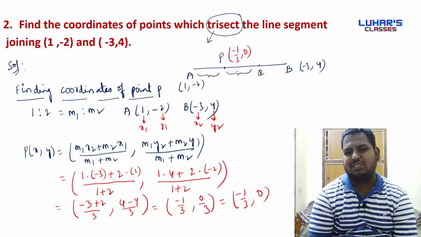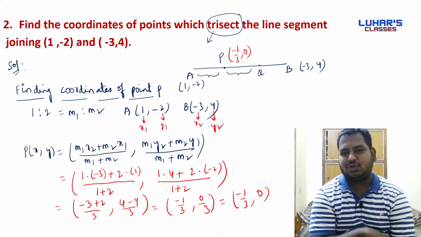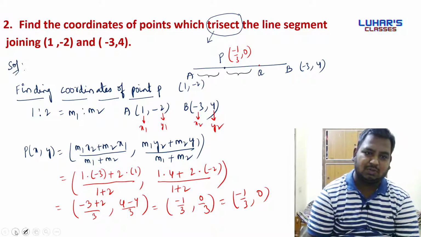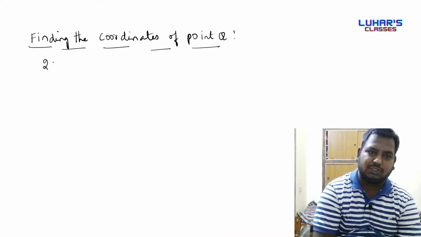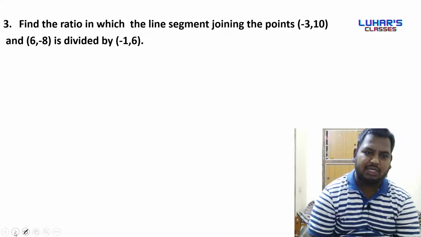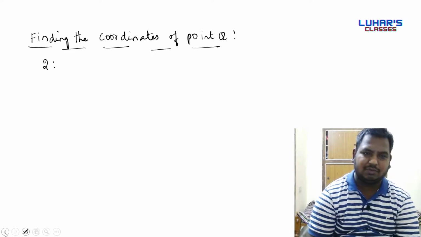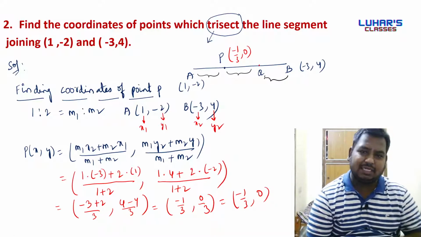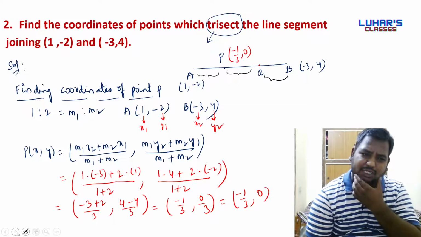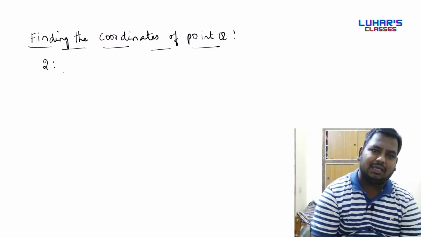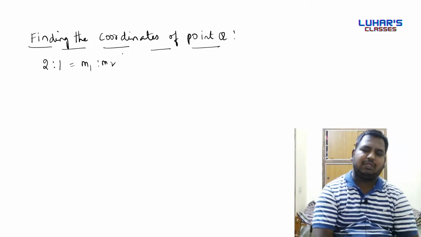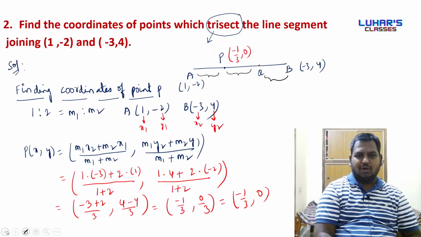After point Q, we have one part. So we can say that the point Q is dividing AB in the ratio 2:1. Okay, so we got the ratio.